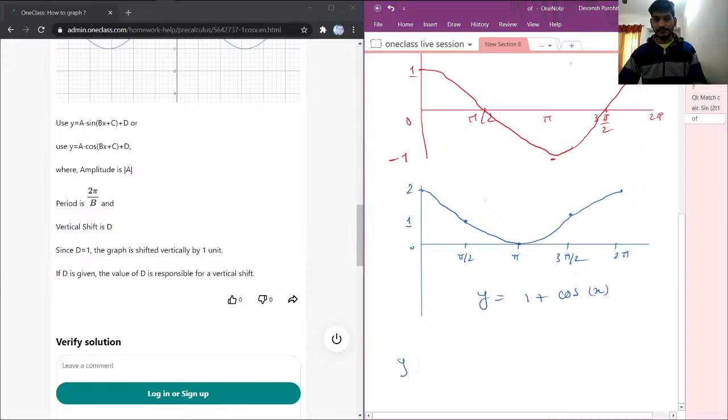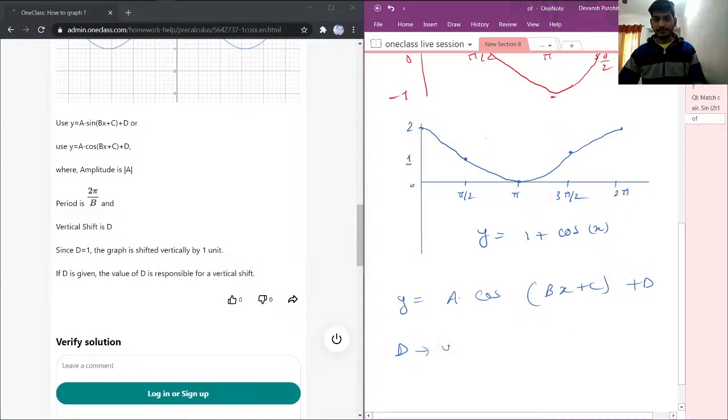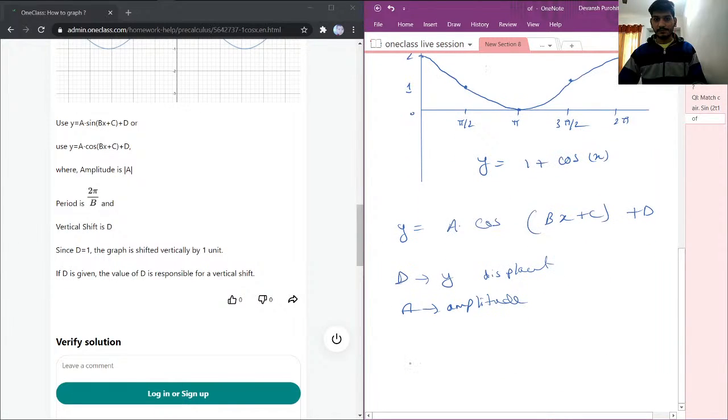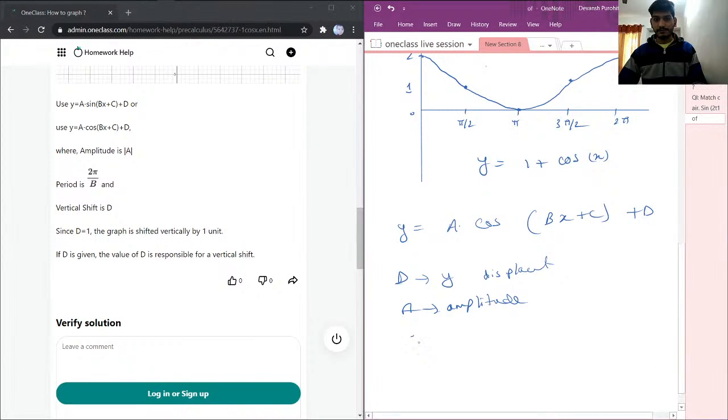I'll just write this for you. Here they have written y equal to a times cosine of bx plus c, plus d, where d is the y displacement, or increase in amplitude. a is the amplitude, and then we have 2 pi over b, which is x displacement.